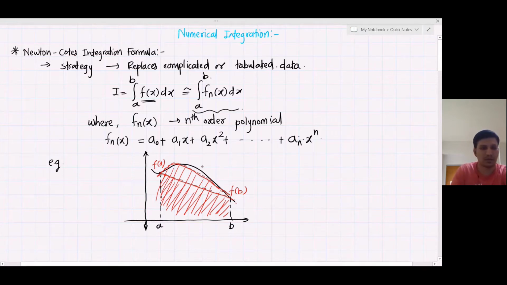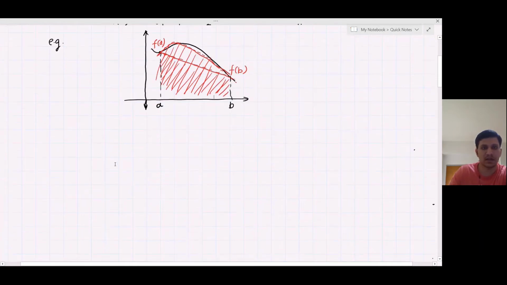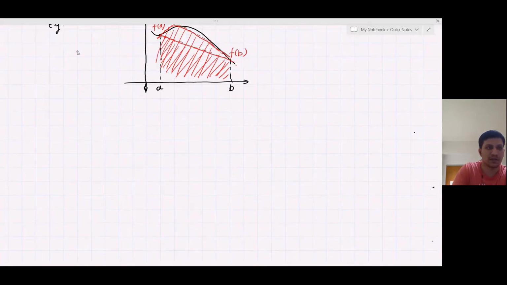So we can perform such techniques, and next we are going to discuss the first technique of the Newton Cotes numerical integration, which is known as the trapezoidal rule. So let's discuss the trapezoidal rule.